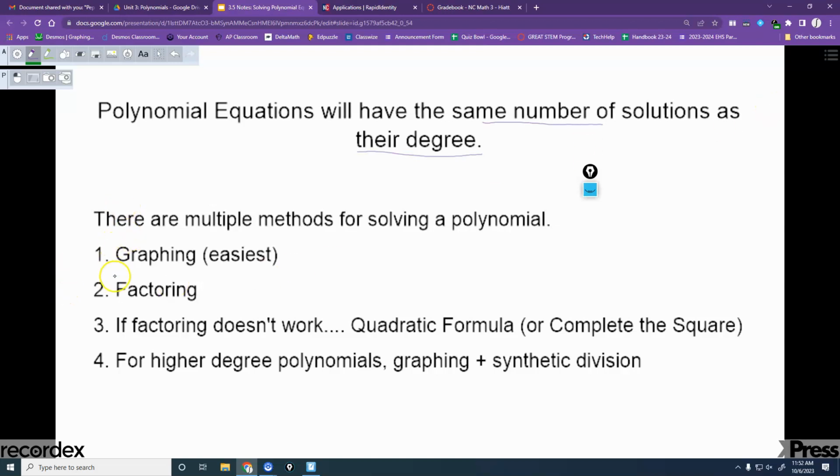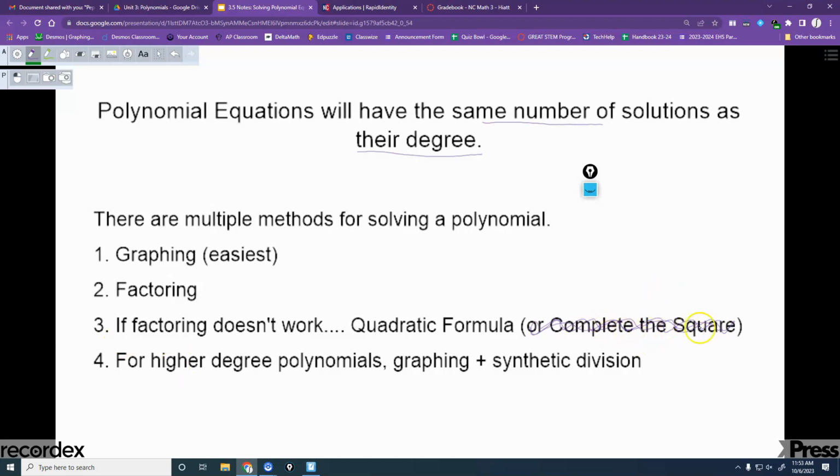So the first thing we're going to try on all of these is we're just going to try to graph them. And that is going to be the easiest if it works, but it does not work for every problem that we will see. We also can solve these by factoring. That is an option. If factoring does not work, we can use the quadratic formula. This says or complete the square, but I have not taught you how to complete the square. You might have done it in math too, but we are not going to spend time on that unless we maybe have to at circles.